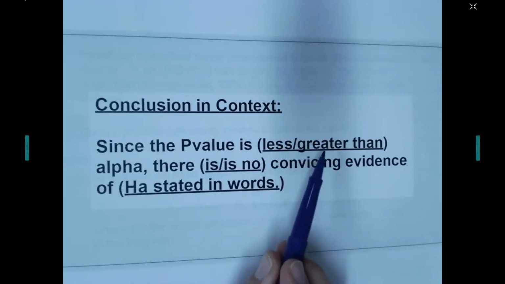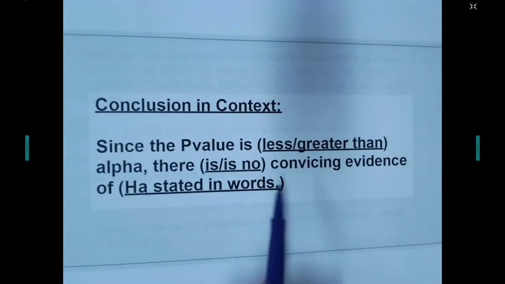If the p-value is greater than alpha, then there is not convincing evidence of whatever your alternative is in words. It might be worth having this written down somewhere to reference. If you want to pause the video and write it down, you can. We're going to use this over and over again, and it'll get in your brain just like how to interpret the confidence interval did in the last chapter.